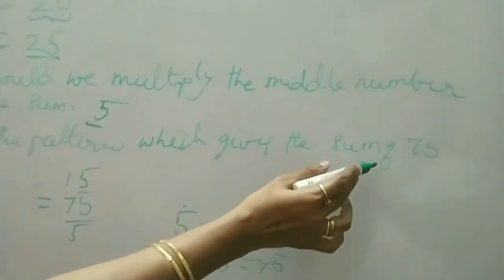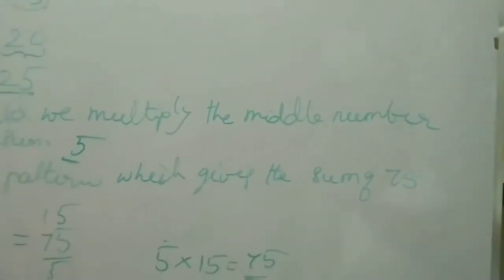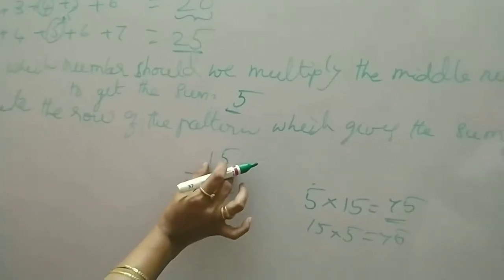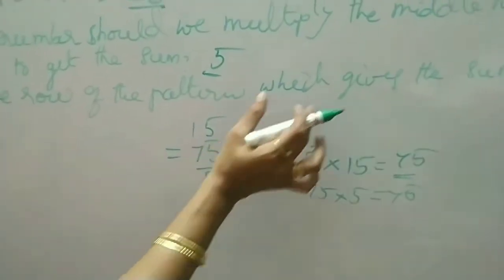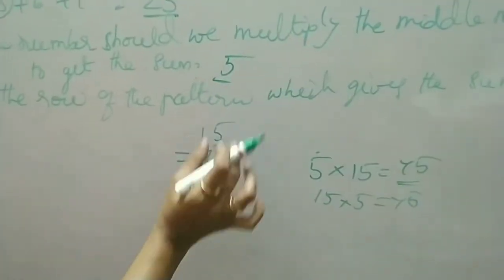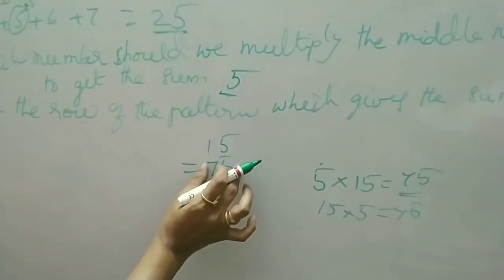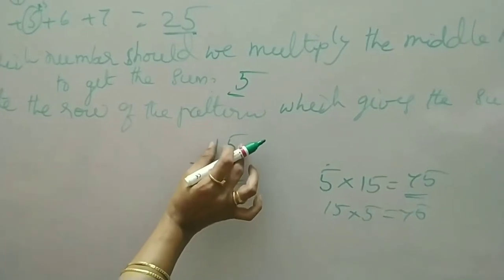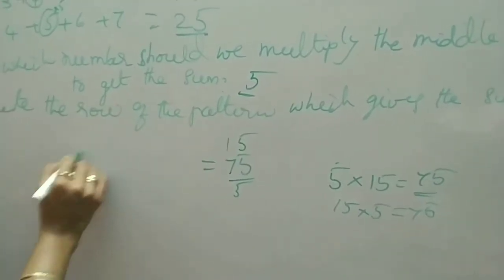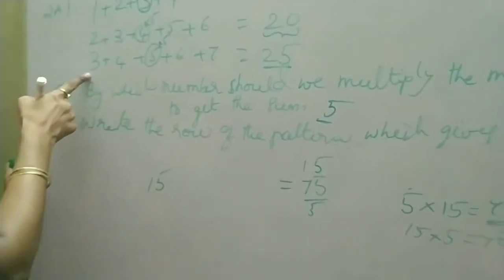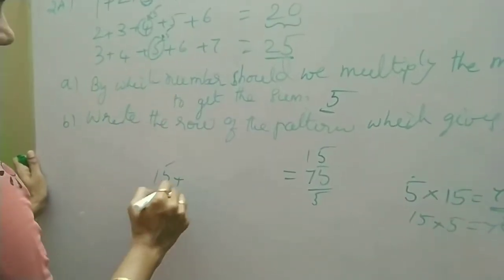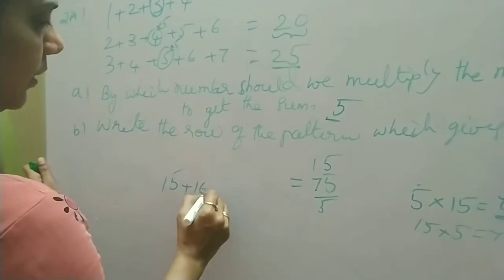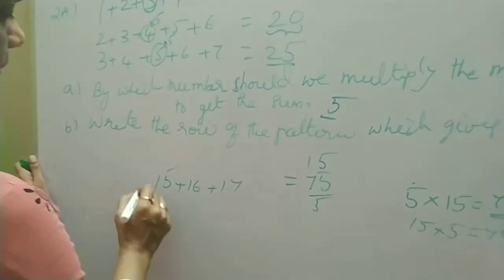So the sum they have given is 75. We have to find this pattern. The middle number multiplied with 5 gives the sum, that we know from the first question. So if you divide the sum by 5, you get the middle number. So I got the middle number, 15. Next, we have to write 2 numbers before it and 2 numbers after it. So 15, after that 16, and after that 17.